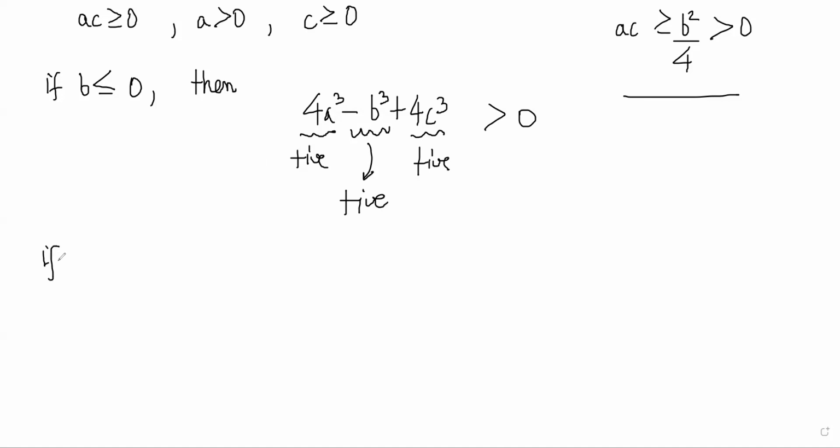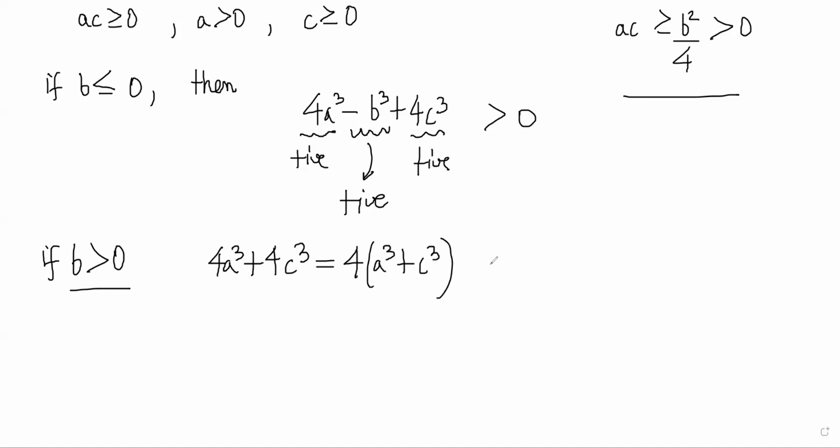And the second case is if B is greater than 0. If B is greater than 0, we have 4A cube plus 4C cube, which is equal to 4 times A cube plus C cube, which is clearly greater than or equal to 4 into 2 times A power 3 by 2, C power 3 by 2.